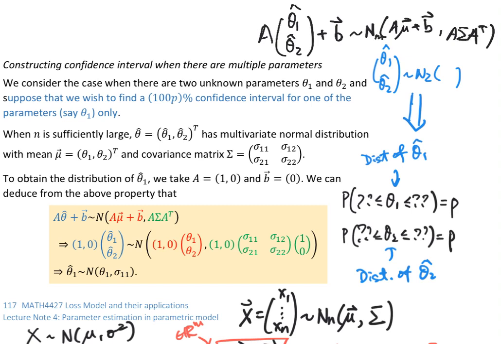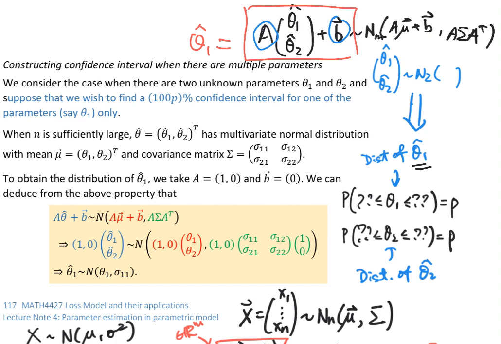Our goal is to find the distribution of theta 1 hat, so I will choose A and B such that this sum is equal to theta 1 hat.